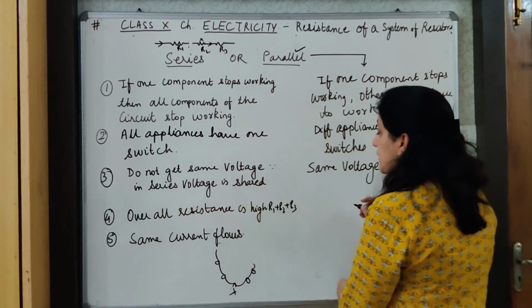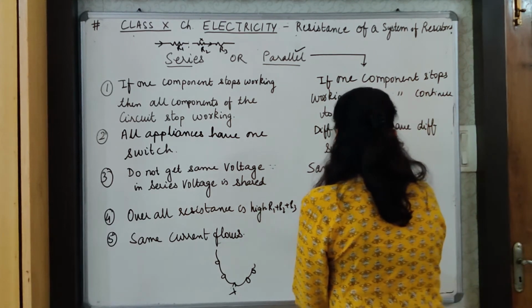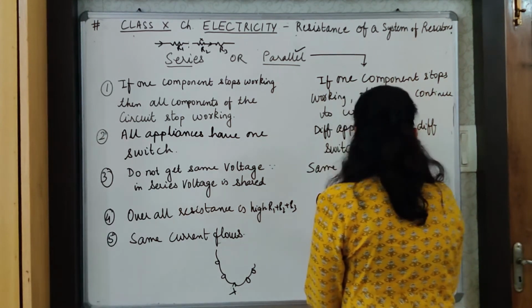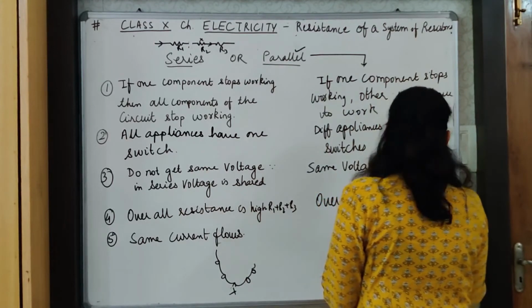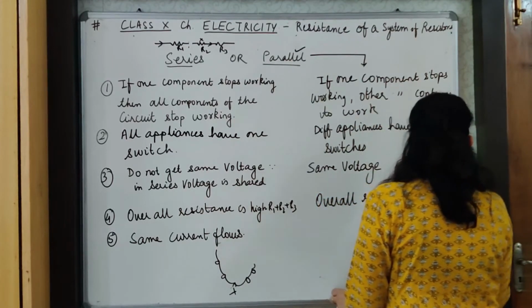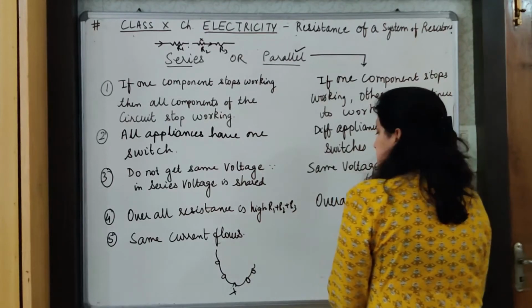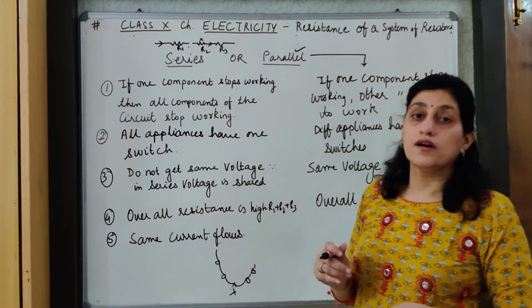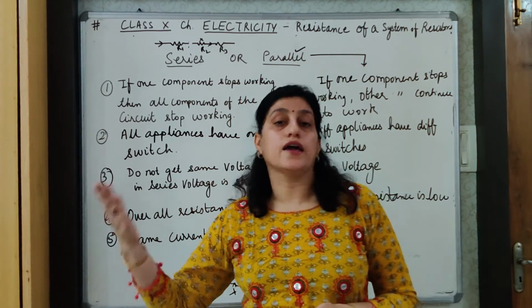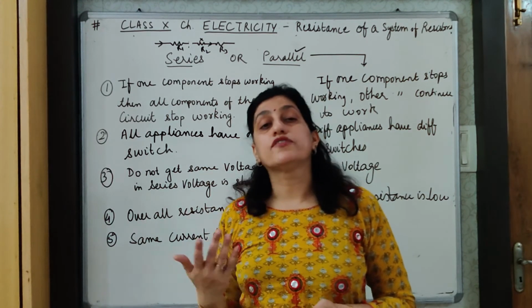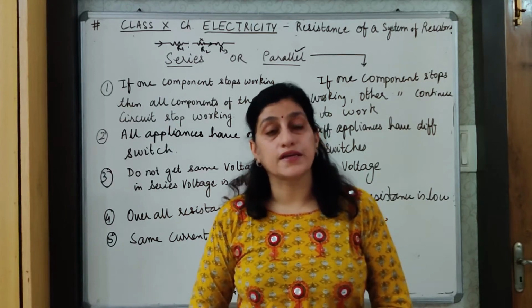While in parallel combination, the overall resistance is low, or we can say it decreases. Therefore, a good amount of current flows, because lower the resistance, higher is the flow of current and the efficiency of the appliances is maintained.